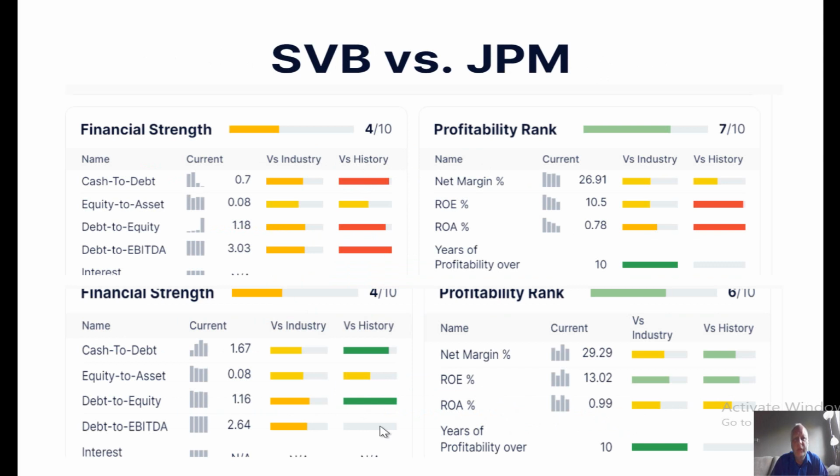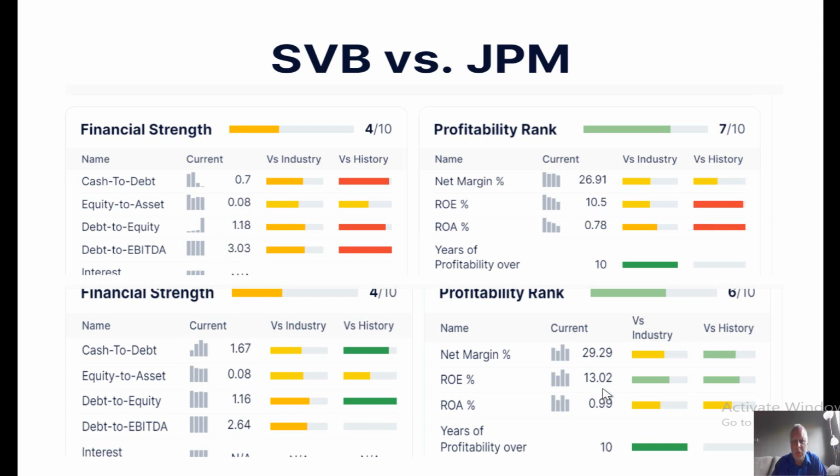We can compare Silicon Valley Bank with JP Morgan. These are standard ratios for both of them. As with all banks, neither one of them has hardly any equity. We have an equity to assets ratio of 8% here for JP Morgan, and for Silicon Valley Bank, it's also 8%. Debt to EBITDA, not that much difference.